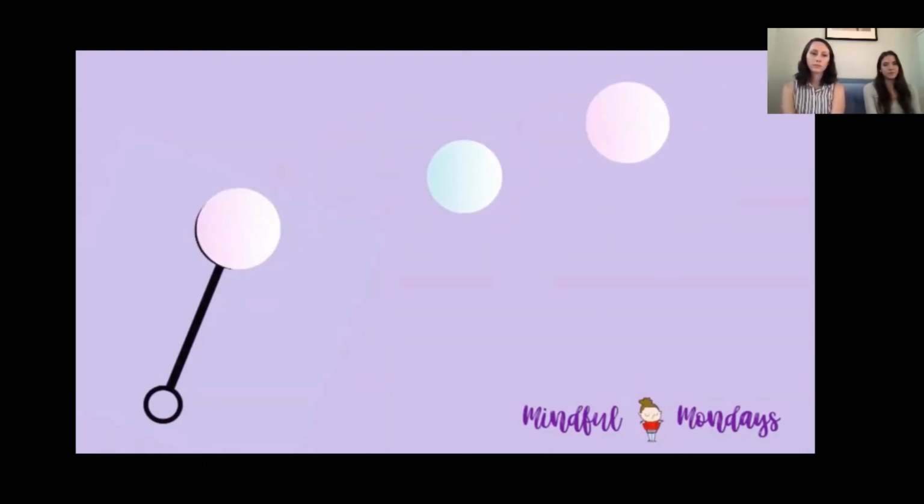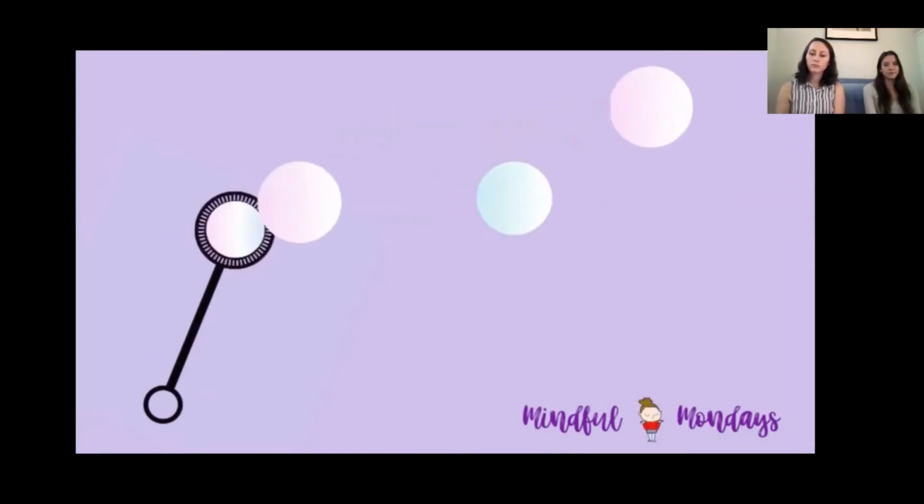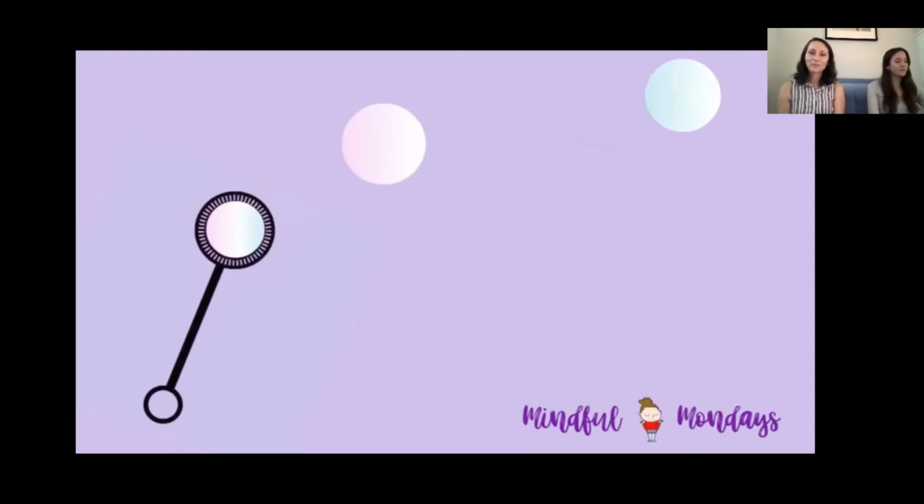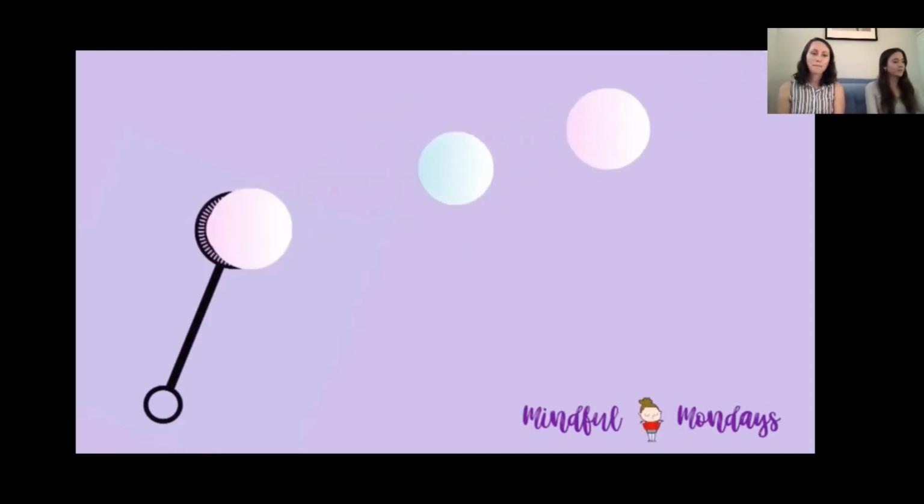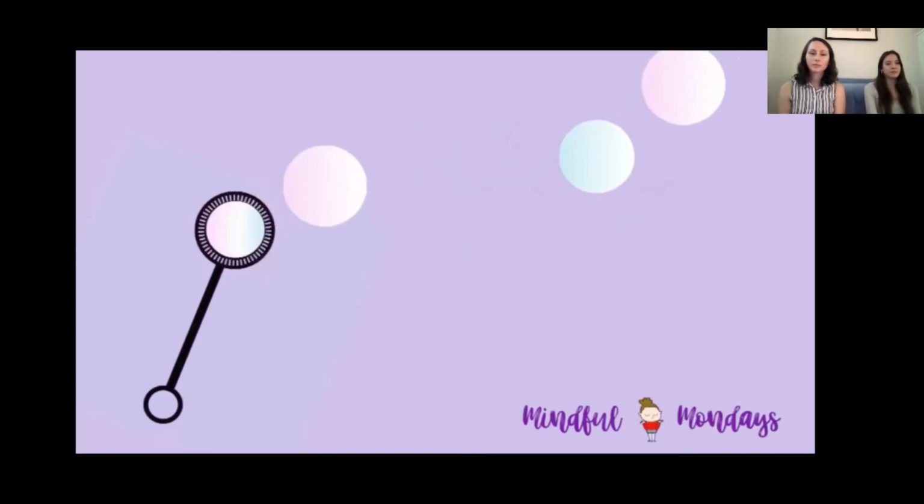You can also try to pop the bubbles in your mind, making them disappear. You can also try this with a real bubble wand if you want to, but know that your magical bubble blower is always available whenever you need it, just by picturing it in your mind. Just keep blowing bubbles and filling them with your worries until there are no worries left, just a calm, clear sky.